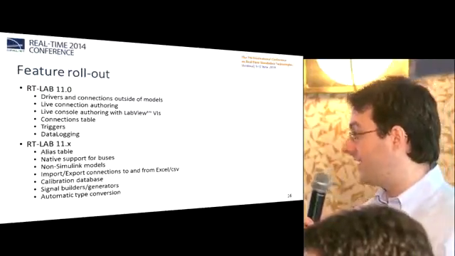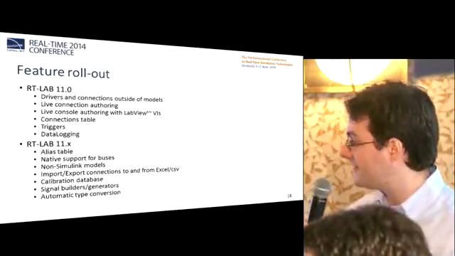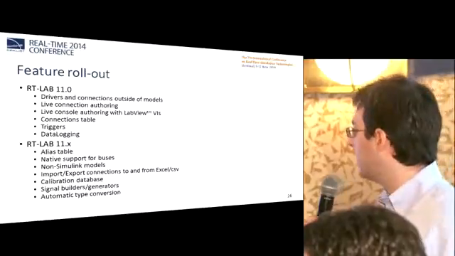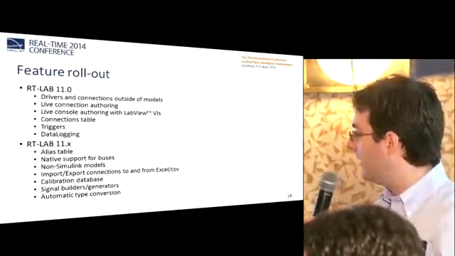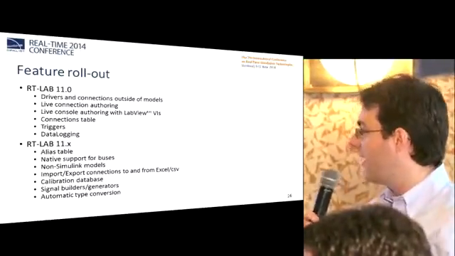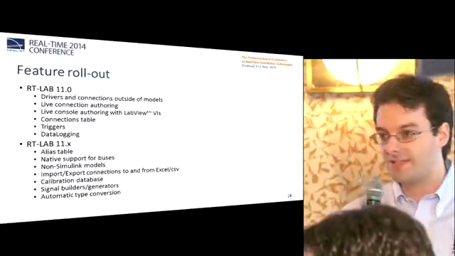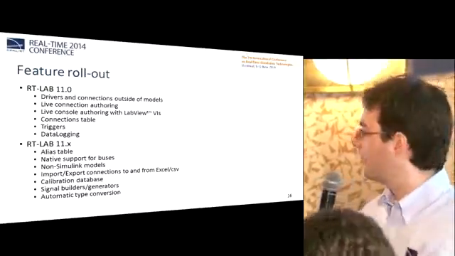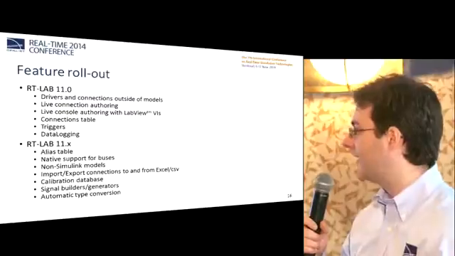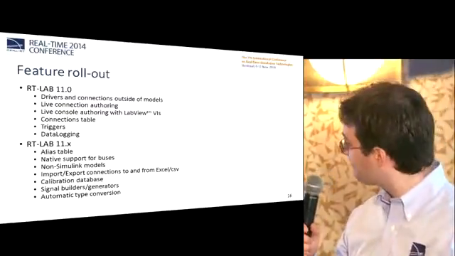Importing and exporting the connections table to and from Excel and CSV. This is something that was requested, to have a very nice way of authoring this. A calibration database system, so the connections calibration will probably be coming in RT Lab 11.1, but we'll see.